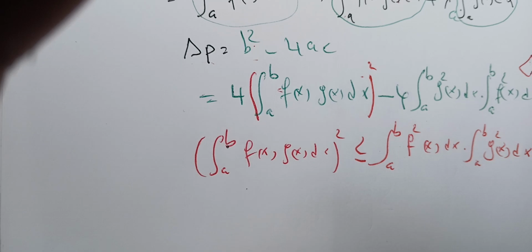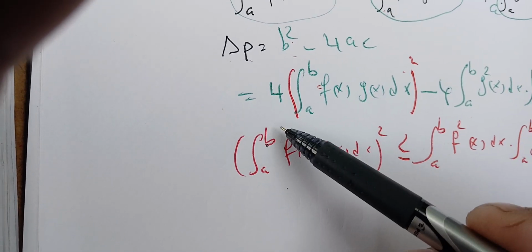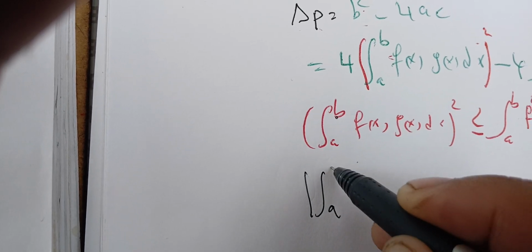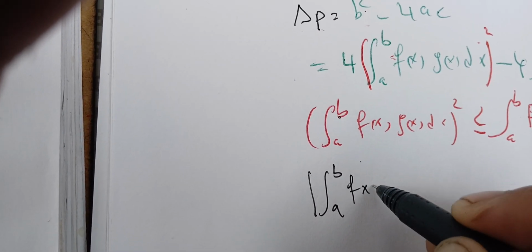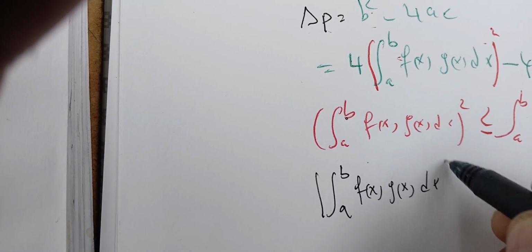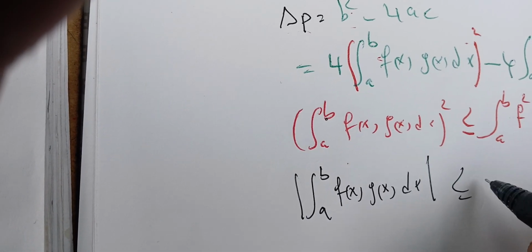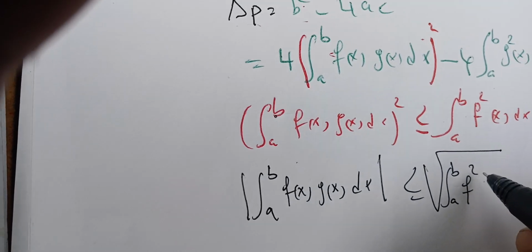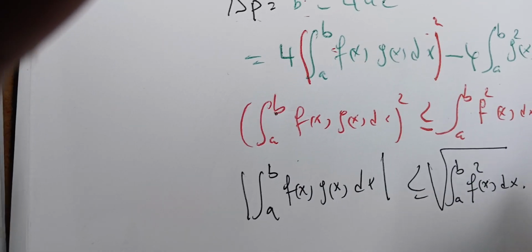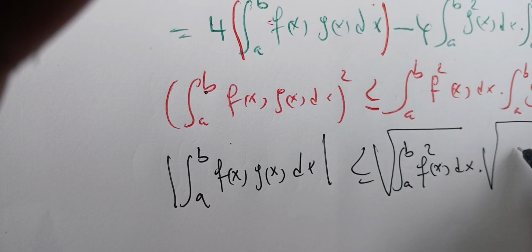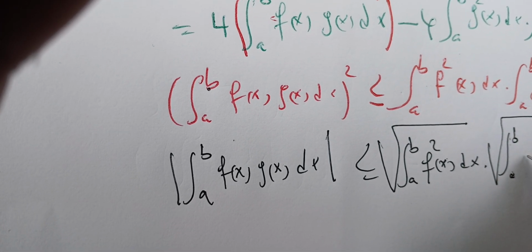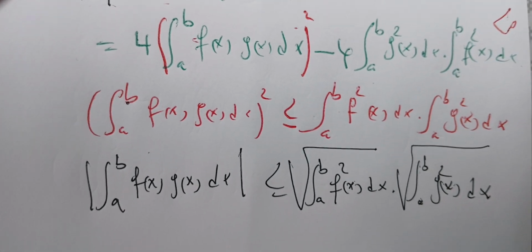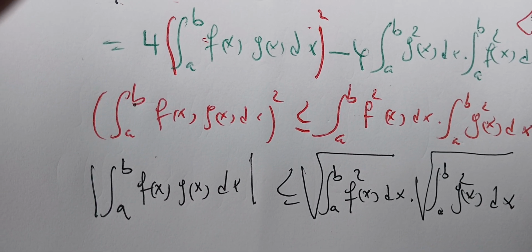Now, taking the square root of everything, we're going to have the absolute value of the integral between a and b of f of x g of x dx less than the square root of the integral between a and b of f squared dx times the square root of the integral between a and b of g squared dx. And therefore, this is what we needed to prove.